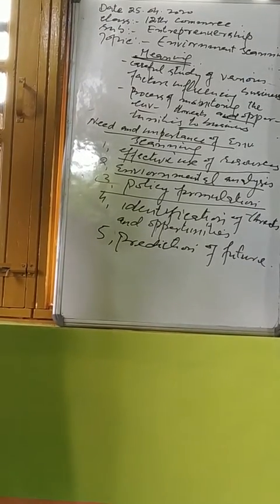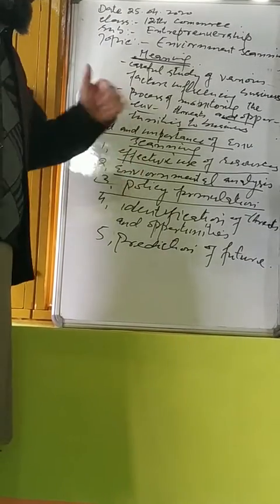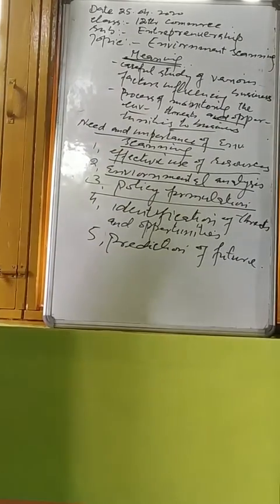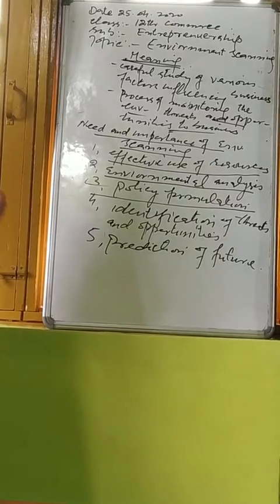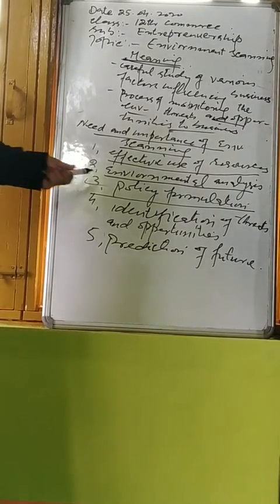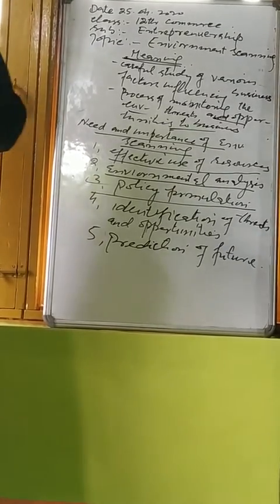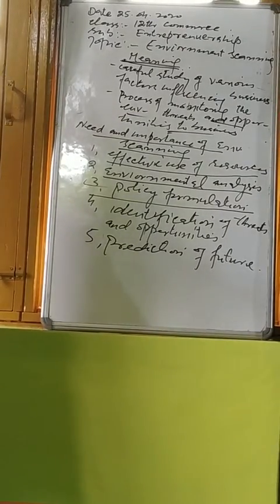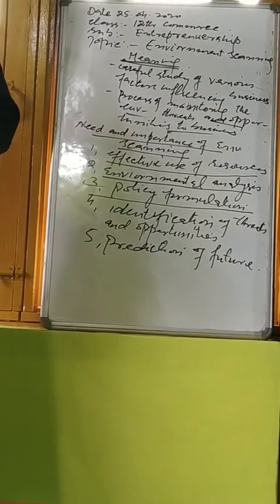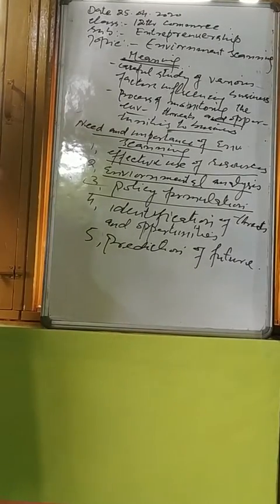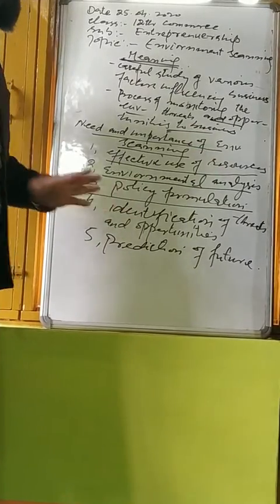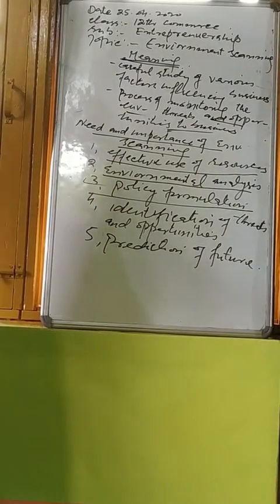Particularly, the main chunk is the customers. Customers have different backgrounds. Their income levels are to be seen, their tastes, likes, dislikes, religious beliefs are to be studied by this entrepreneur in order to formulate the policies for dealing with these people.